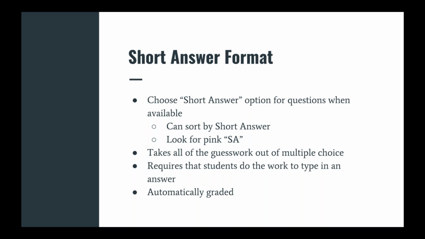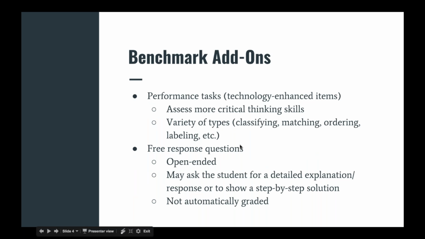So our algorithm isn't perfect, but it will catch a lot of those common spelling mistakes that students might make if they're typing in a term. But as the teacher, you can always go in and override a student's answer to be correct if you feel that they should have received credit. So we do have lots of questions that can be formatted as short answer as opposed to multiple choice. And they have a little pink SA, which we'll look at when we create a benchmark.